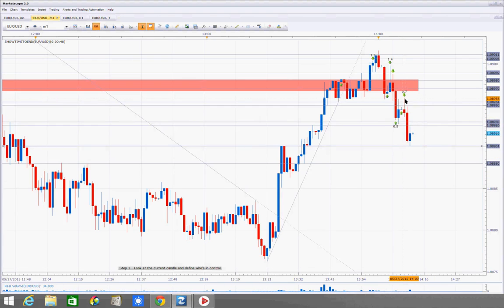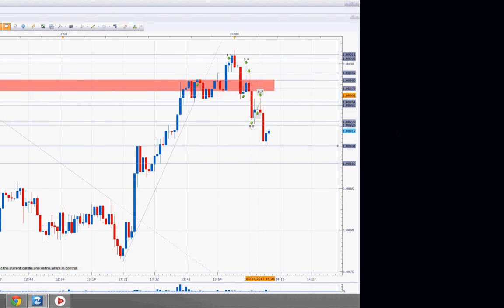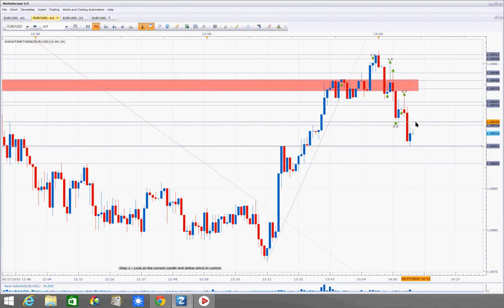Gotcha. Notice about the price, the price approached a supply level, and there's no higher low. We only have a lower low. I need a higher low to have confirmation or to have a higher probability of buying.